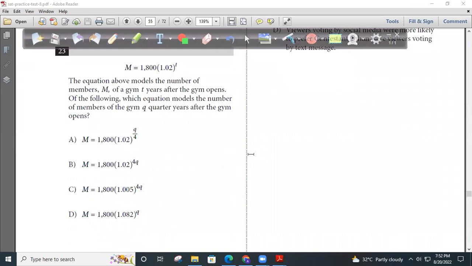Yeah, exponential function word problem. Let me see how many of you can give a perfect answer for this. 23rd one. Start.